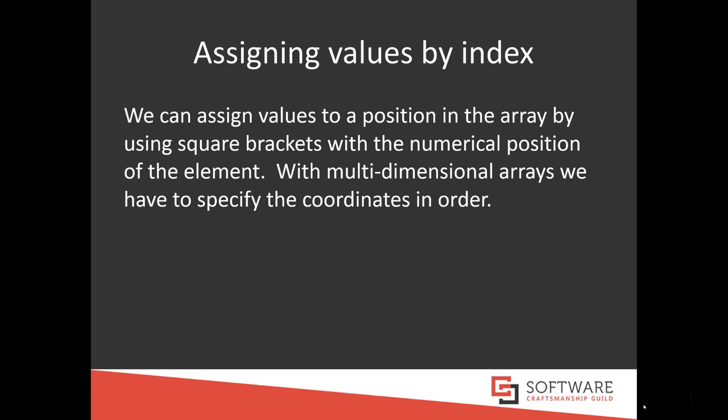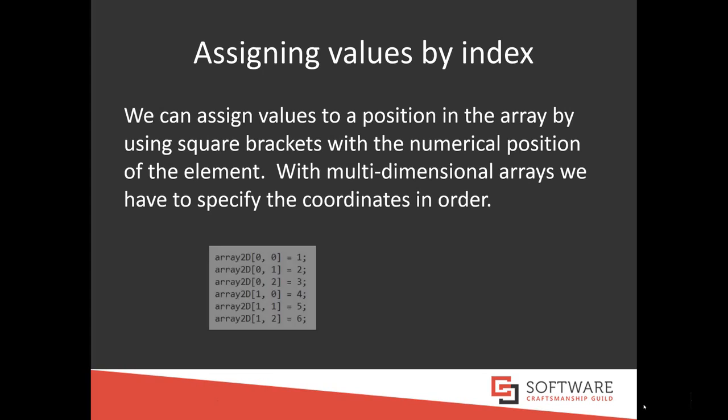Assigning values by index in a multi-dimensional array is very similar to using a single-dimensional array. The only difference is now instead of just providing one value, we have to provide a value for each dimension. So in our 2-dimensional array, we need a value separated by a comma, a row, and a column.